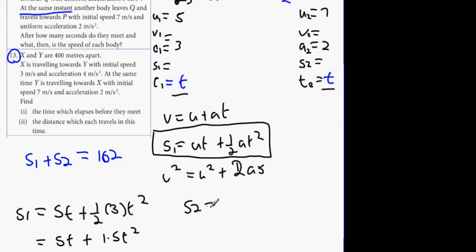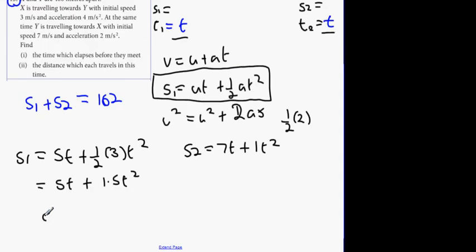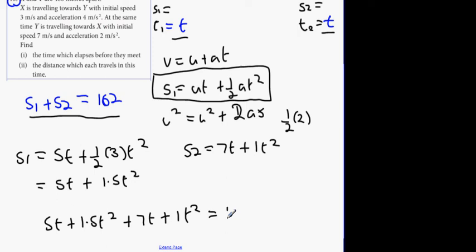And S2 is going to be 7t plus a half of 2, and a half of 2 is 1, so 1t squared. Now, use your formula: S1 plus S2 equals 162. So what we're going to get here is 5t plus 1.5t squared plus 7t plus 1t squared equals 162.